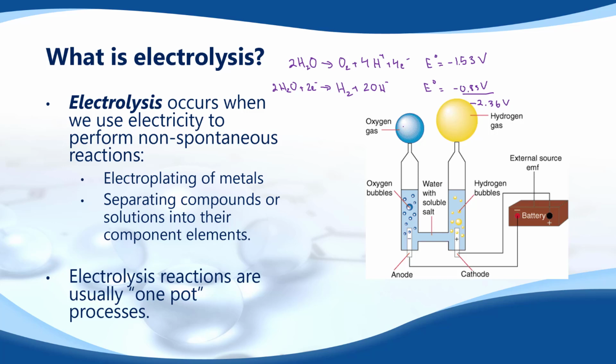So only distance will wind up separating it. There are no separate beakers, no salt bridge. The only reason why we have oxygen gas coming up through the anode and hydrogen up through the cathode is just because the gases will rise too quickly for them to really mix due to the physical separation of this what's called Hofmann apparatus.